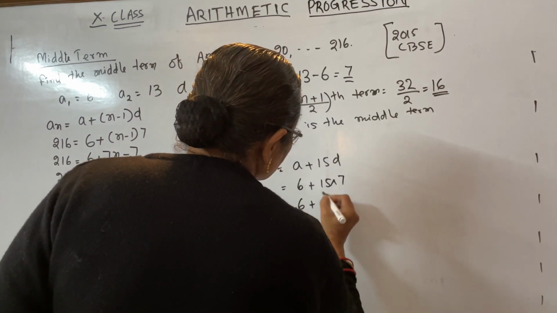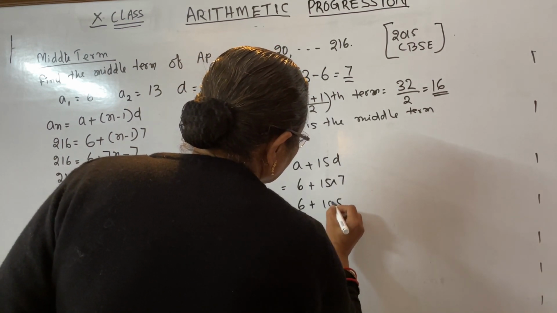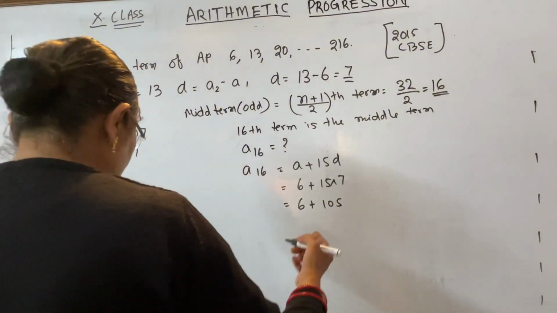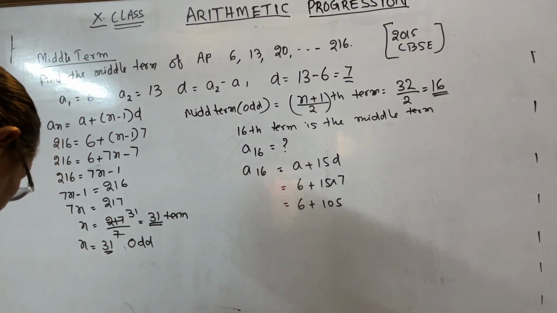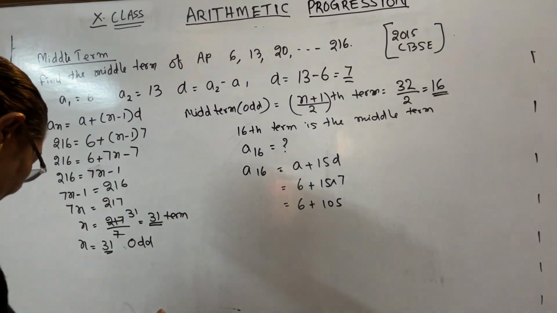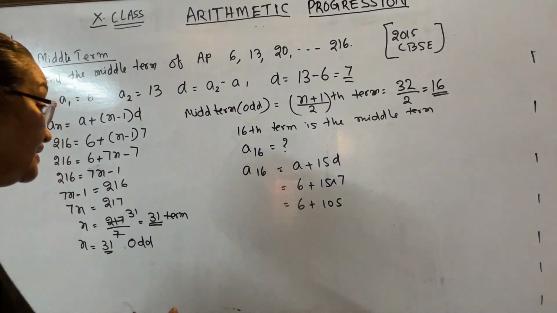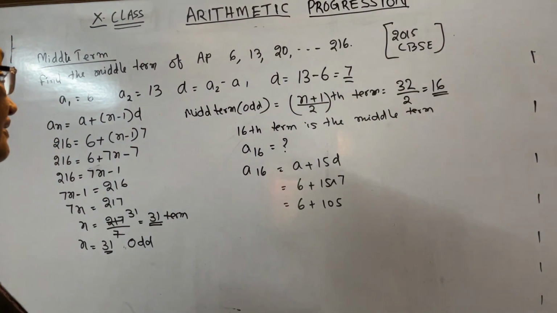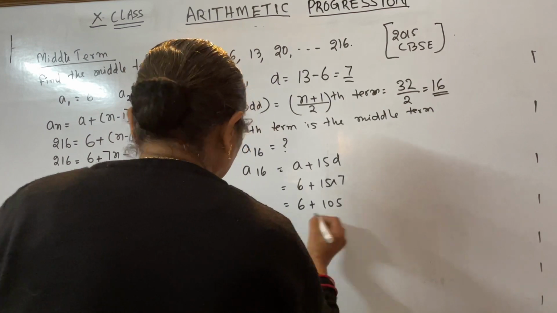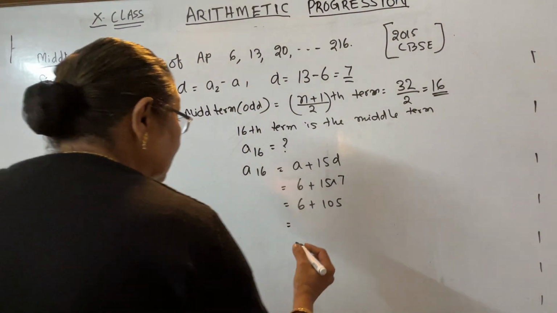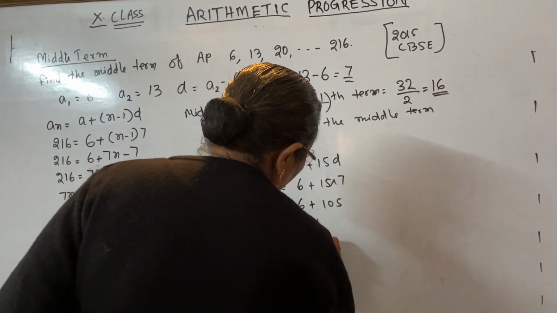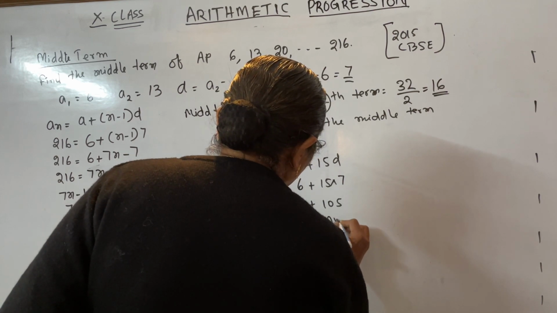So 6 plus 105. 15 into 7: 7 5s are 35, remain 3, 7 1s are 7, 7 plus 3 is 10, then add it up. 105 is correct. That equals 111, which is the answer.